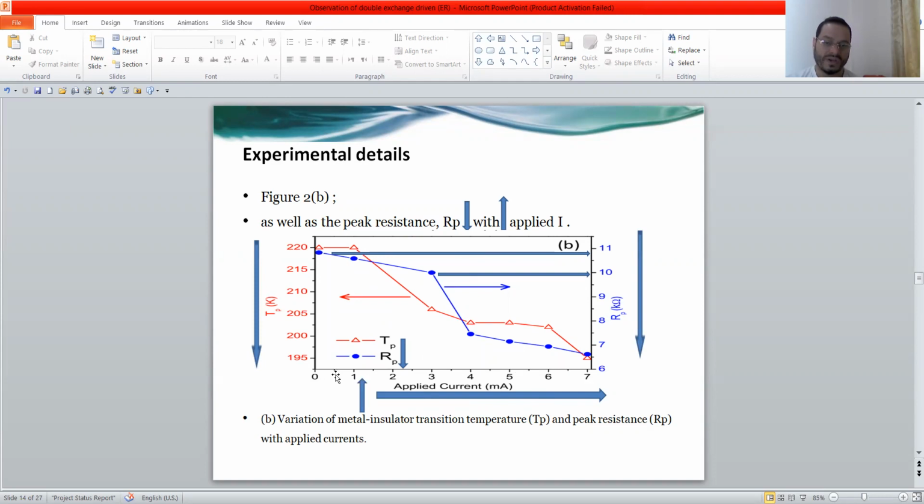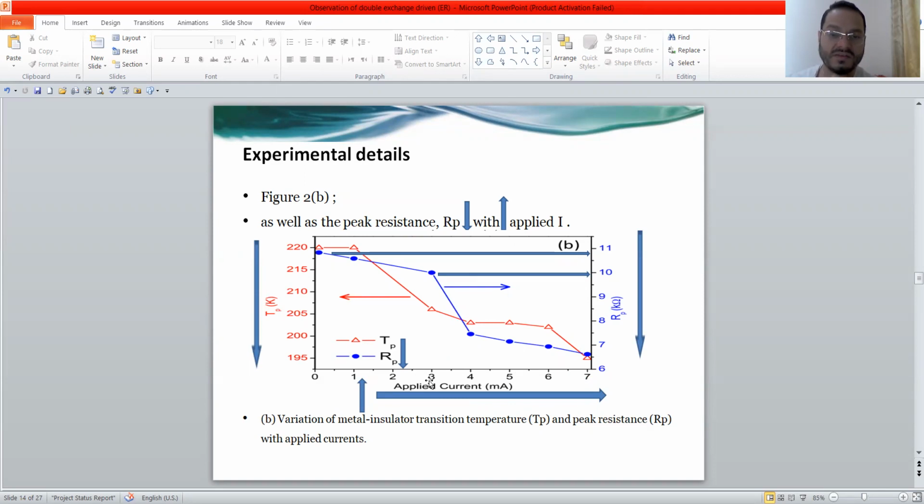Let's talk first about the peak temperature, the red line. When I start from 0, it is approximately equal to 220. After that, at 1, approximately the same result.